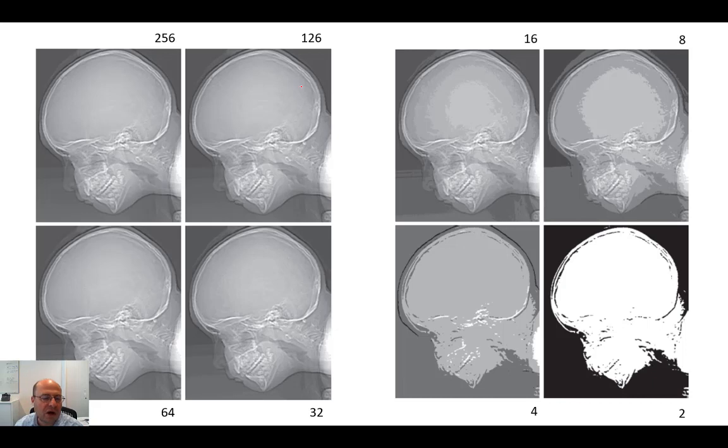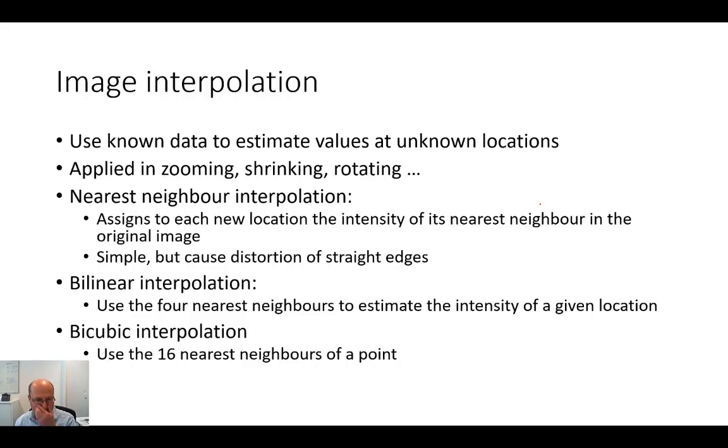And you can go crazy and keep changing, putting the image with lower intensity levels. You're going to find, especially this one, the false contours are quite apparent. So you see, right? Okay.